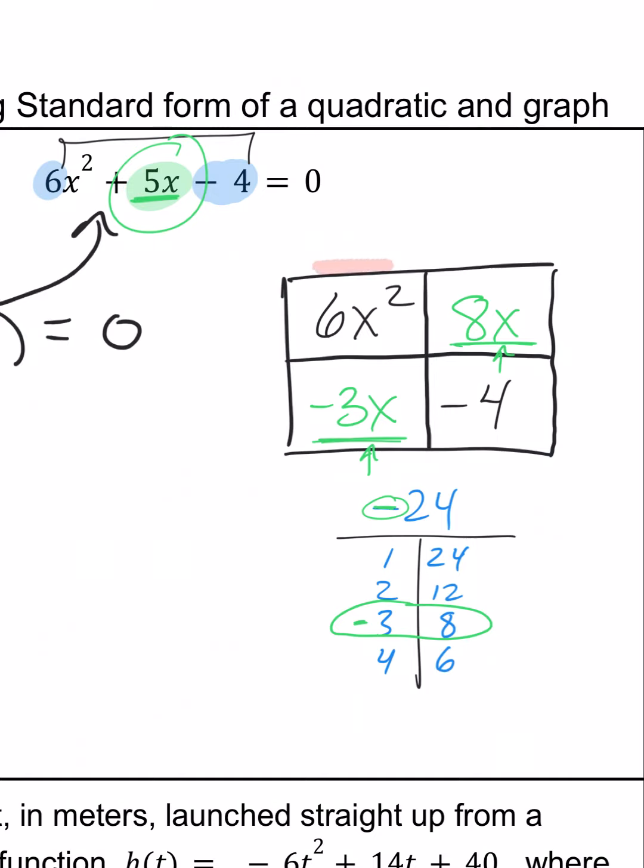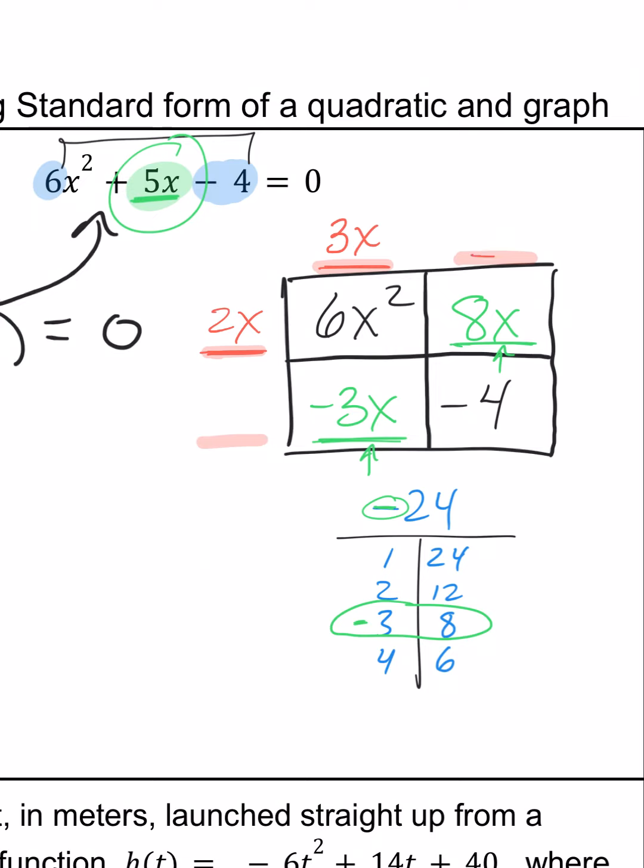What I'm going to do is I'm going to pull out the GCF of each row and column. The GCF of 6x squared and negative 3x is 3x. If I take out a 3x here, this would have to be 2x. 2x is the GCF of 6x squared and 8x.